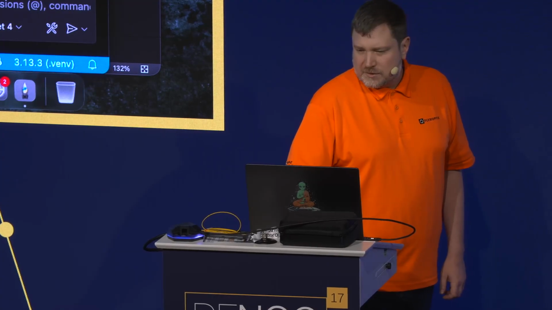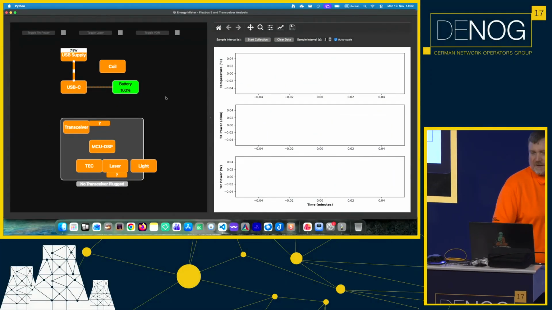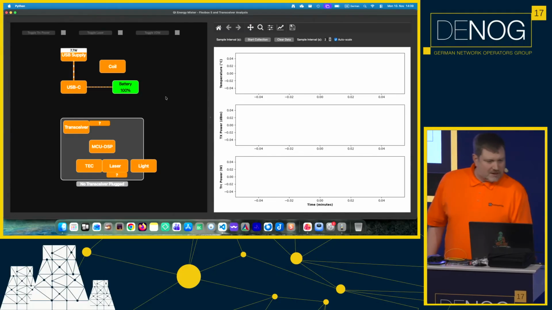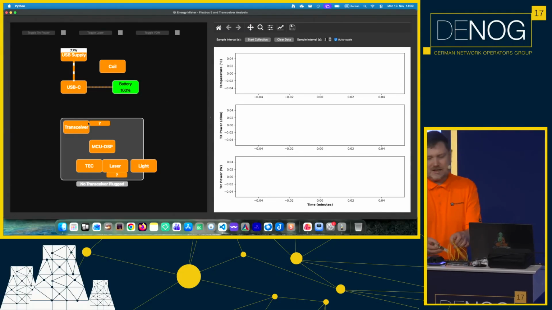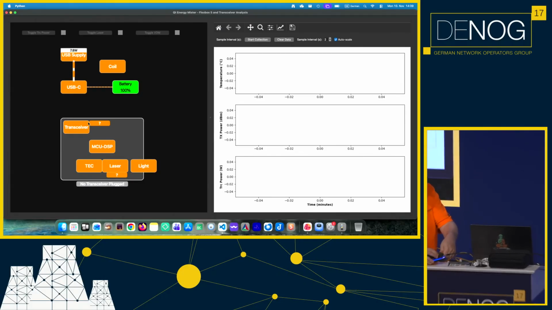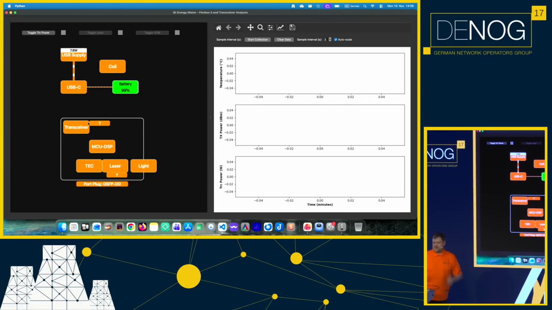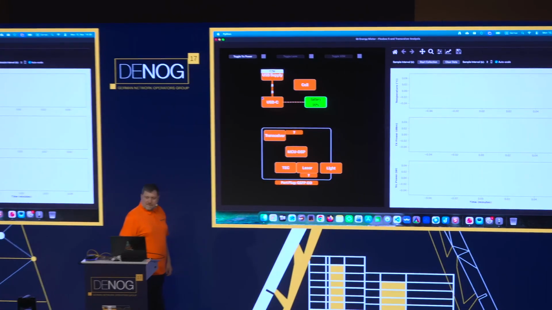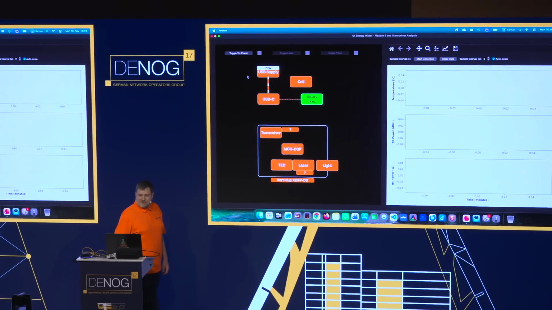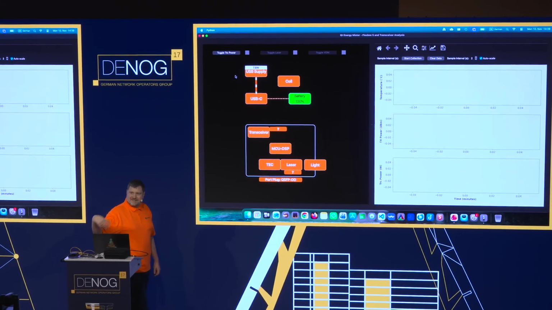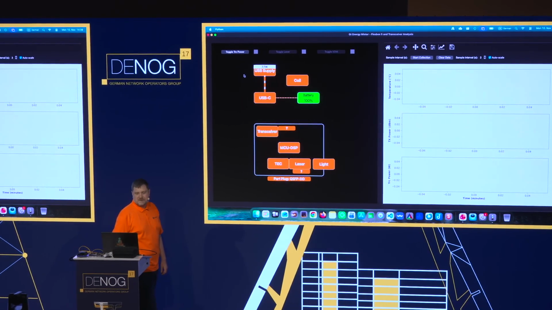So what we are going to do here is look at our Flexbox, what it's currently doing. It's charging up the battery, and we have a transceiver we are going to plug in. And if you look at the top, we have toggle TRC power, toggle laser, TRC, abbreviation for transceiver, to keep it short and sweet. And now imagine this Flexbox is simulating the behavior of a switch, which we can do.